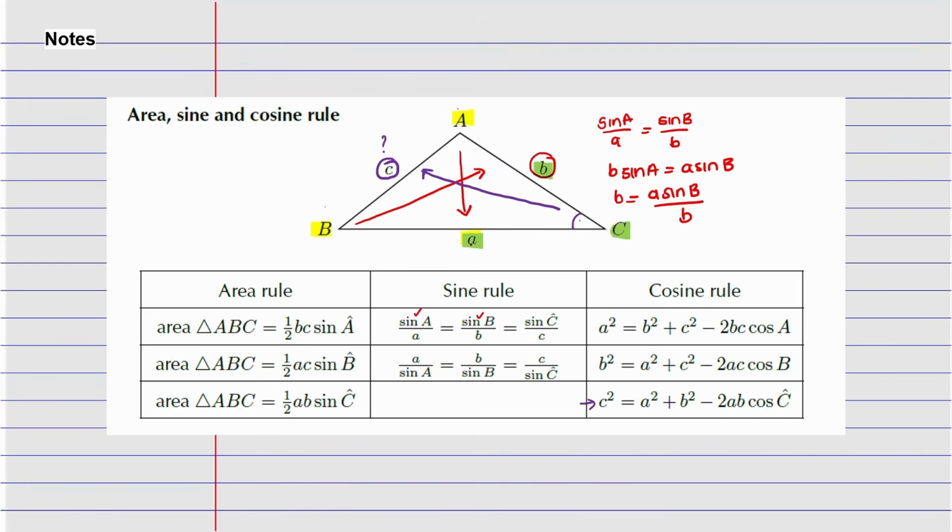So in this case, if we're given this one and you need this angle, you can find the area there, meaning it's going to be a half AB sine C. Area also works with 2 sides and the angle that's in between the 2 sides. Okay? So that's how you need to understand how to work with the formulas.